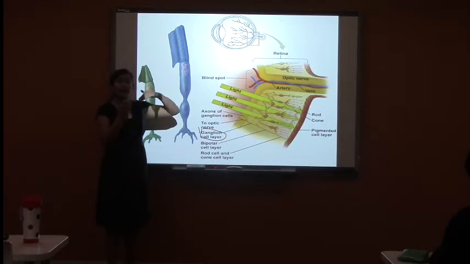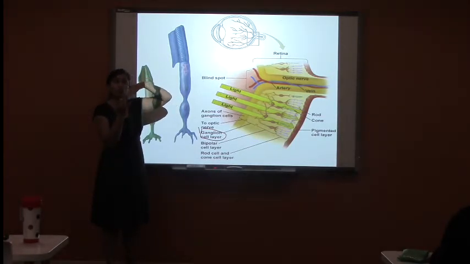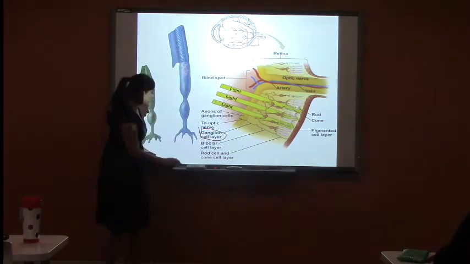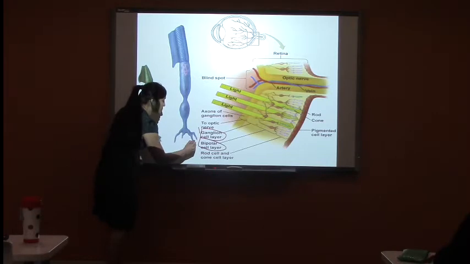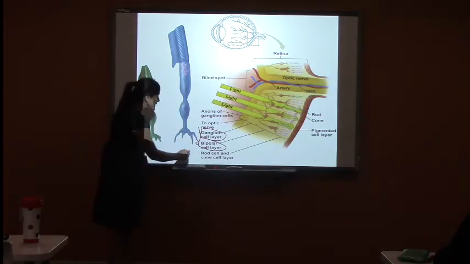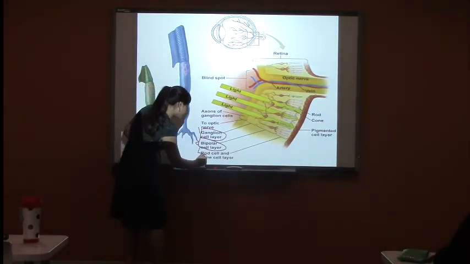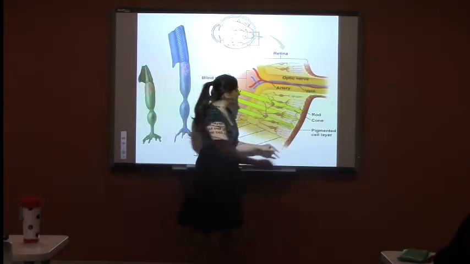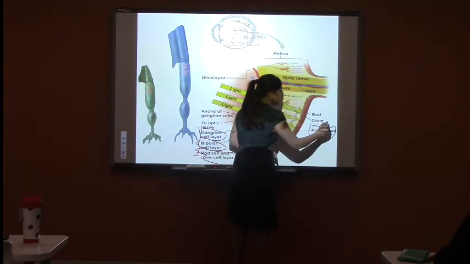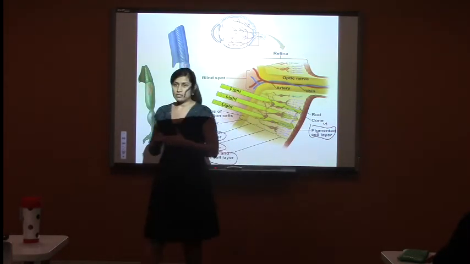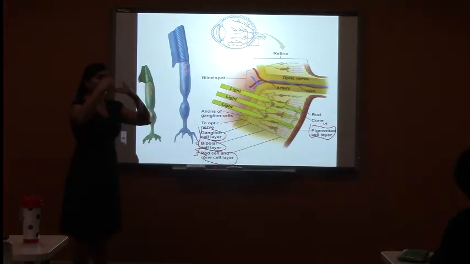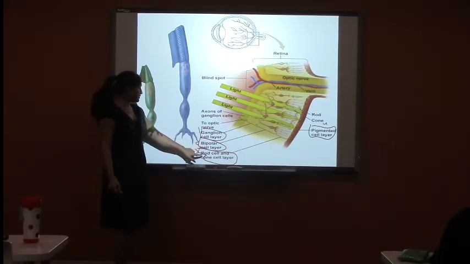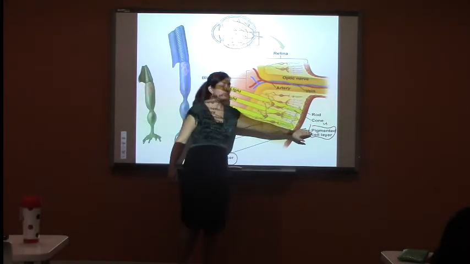When light goes through, it has to go through 4 distinct layers. First one is the ganglion cell layer. Second layer is the bipolar cell layer. Third layer is the rod and the cone layer, the rods and the cones, which are right here. And the fourth layer is the pigmented cell layer. So the first that light crosses through is the ganglion cell layer, then the bipolar cell layer, then the rods and the cones, and last, the pigmented cell layer.